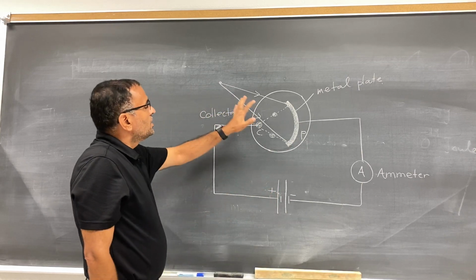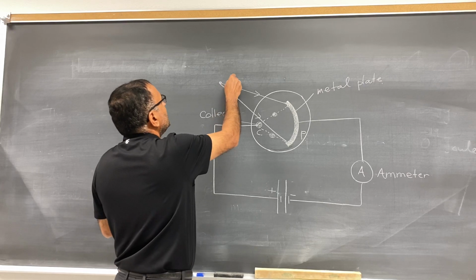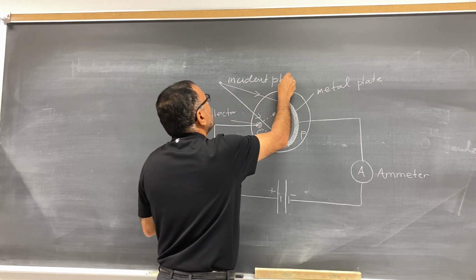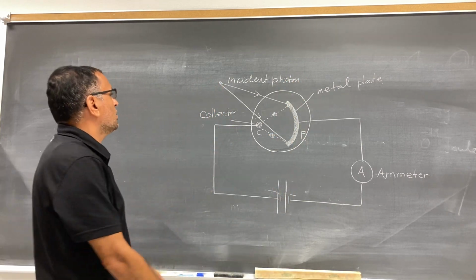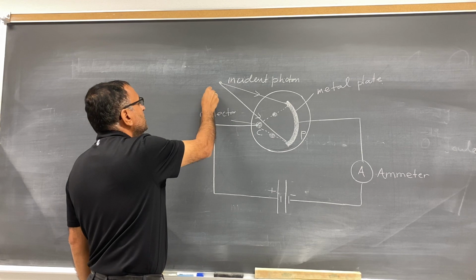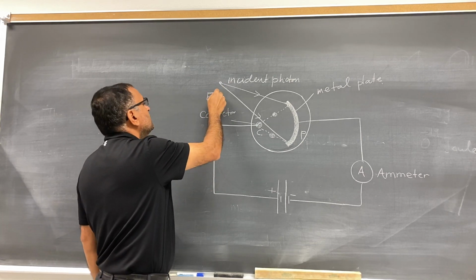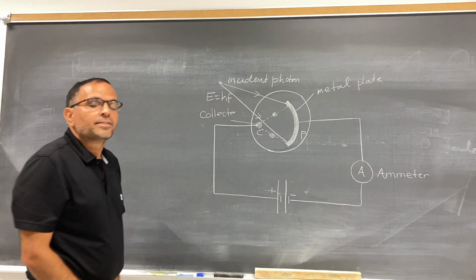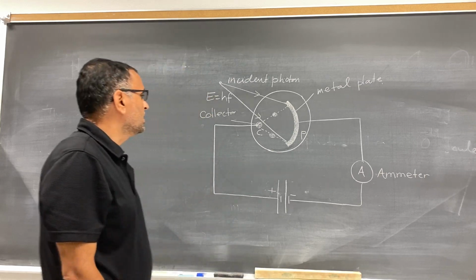Okay. So this is the experimental setup. This is your incident photon or incident light, whatever you call, incident photon, or you can say incident radiation or incident energy. This incident photon has an energy E, and this energy of the incident photon E is h times f. h is the Planck's constant and f is the frequency.